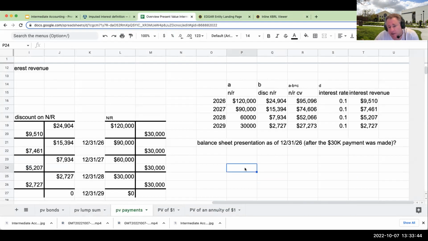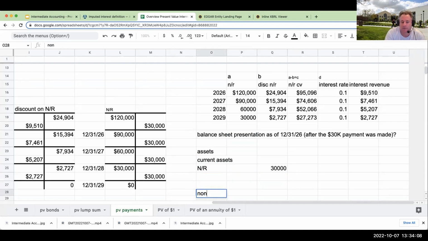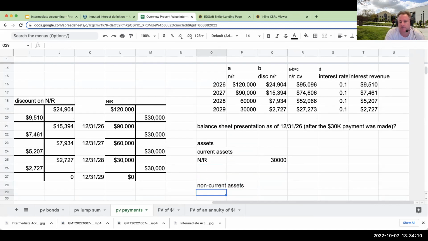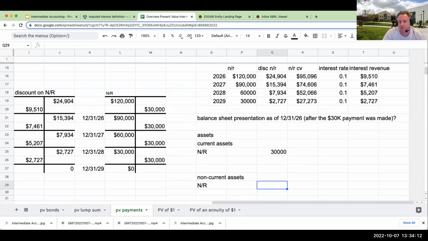Non-current is beyond a year. So if I look at this 90,000, the total amount owed after this first payment is made is 90 grand. So on my assets, current assets, note receivable is going to be 30,000. Non-current assets, note receivable is going to be 60,000.